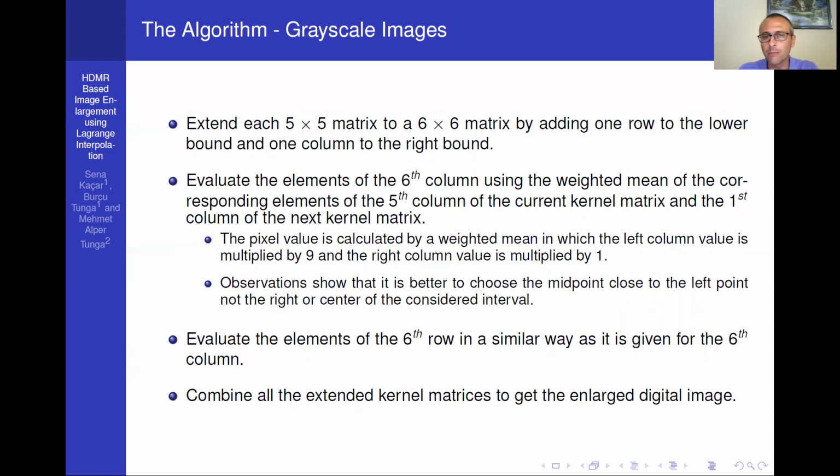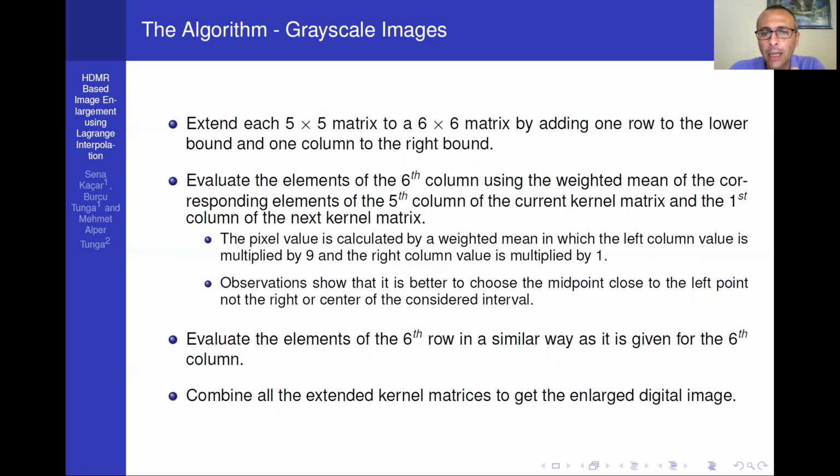Because we have many kernel matrices, we need to combine them to enlarge the original matrix. When we are combining them, we add extra columns and rows between those kernel matrices, and those added columns and rows are calculated using the last column of the current kernel matrix and the first column of the next kernel matrix. And we use a weighted mean to do this.